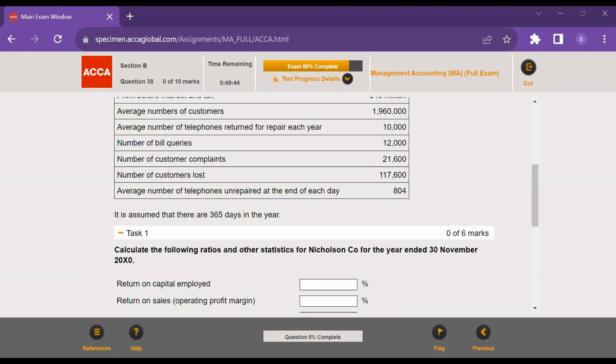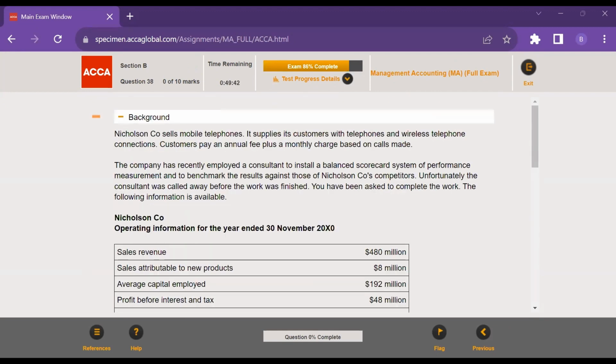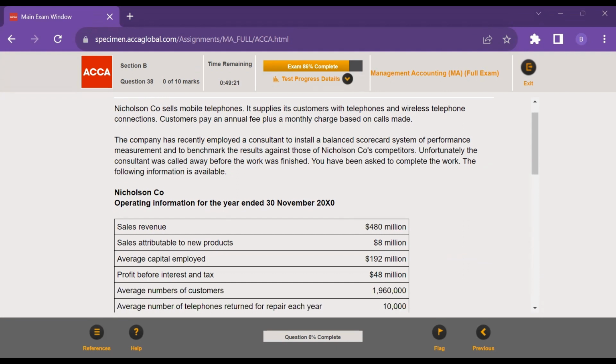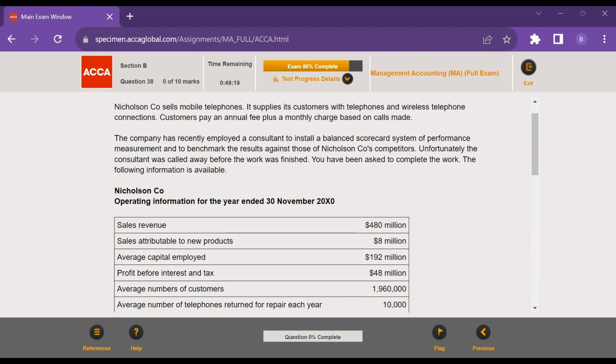So again, we are having three tasks. Nicholson Company sells mobile telephones. It supplies its customers with telephones and wireless telephone connections. Customers pay an annual fee plus a monthly charge based on the calls that they are making. So the company has recently employed a consultant to install a balanced scorecard system for performance measurement and to benchmark the results against those of Nicholson Company's competitors.